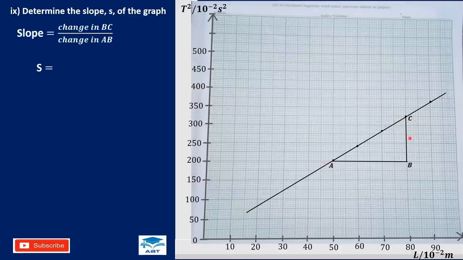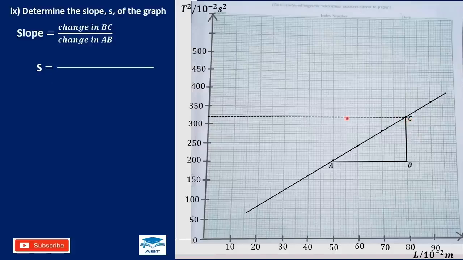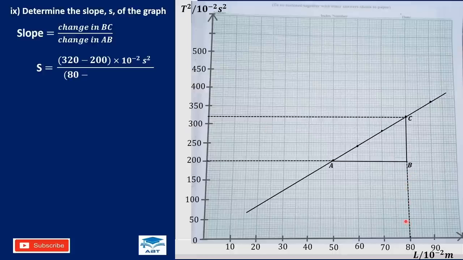For change in BC, we have 305, 10, 15, 20. 320 minus 200 times 10 exponent negative 2, and the unit is second square. For change in AB, we have 80 minus 50, also times 10 exponent negative 2, and the unit is meters.